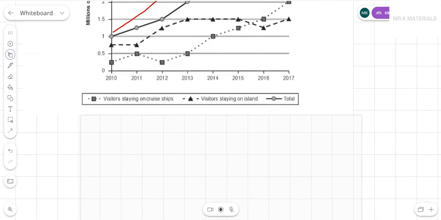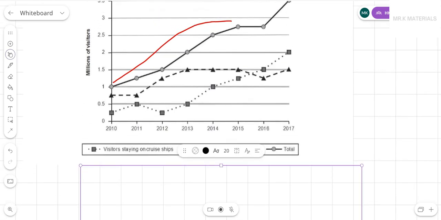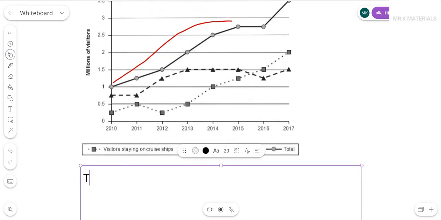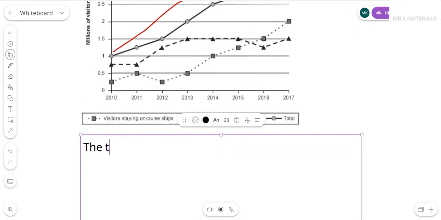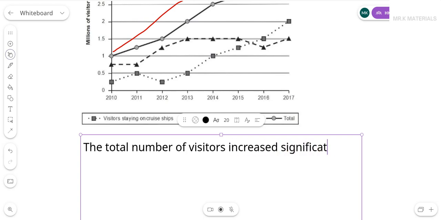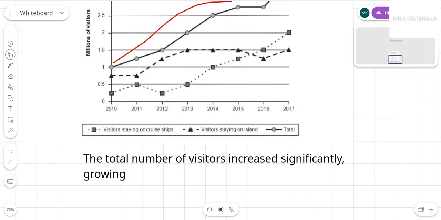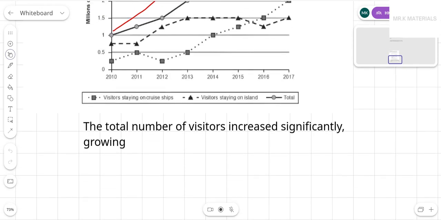All right, I'm gonna go ahead and put the sentence here. So this is the total number of visitors. So we say the total number of visitors increased significantly, comma, growing or rising, absolutely doesn't matter. Just make sure the meaning makes sense.